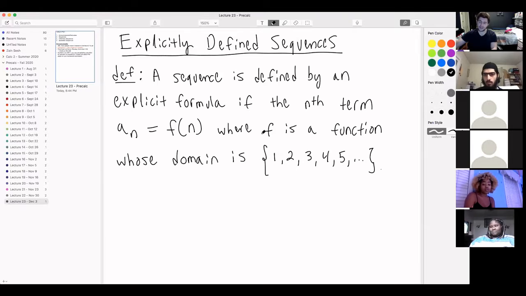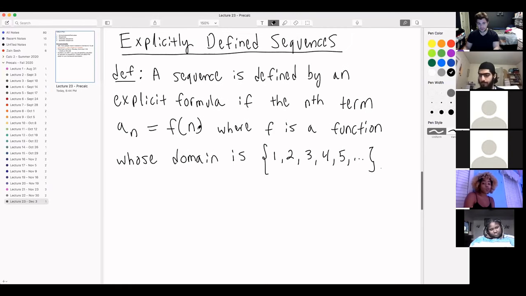So f's domain does not contain negative numbers or 0. Usually not, but it can. But in our case, no. So the only permissible values to plug into f are 1, 2, 3, and so on. No negative numbers, no fractions, no irrational numbers.